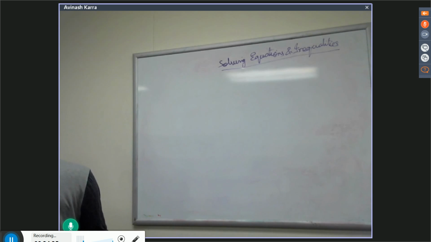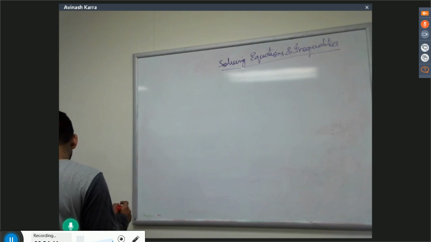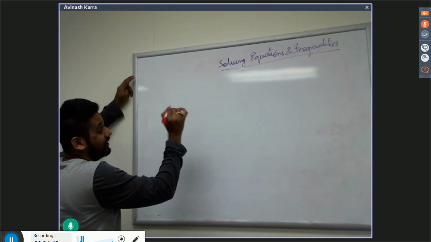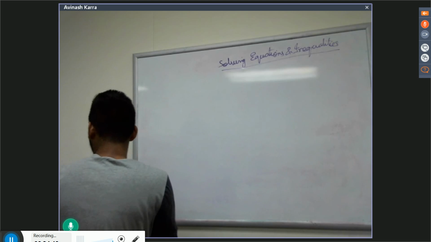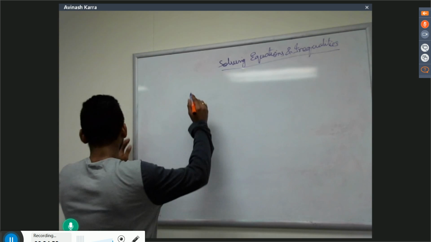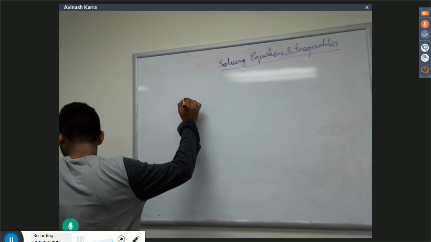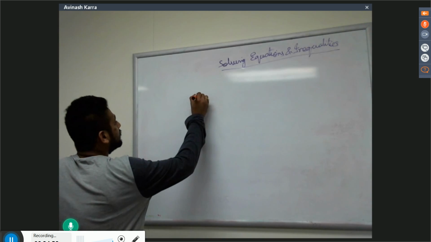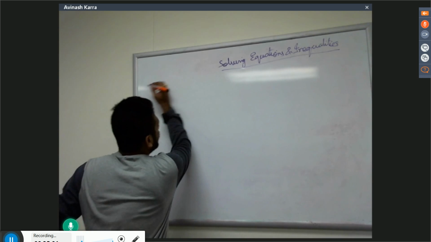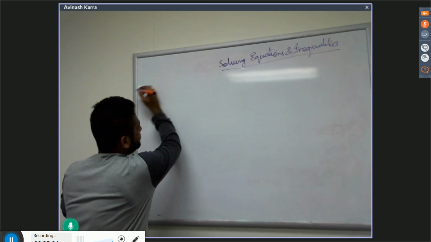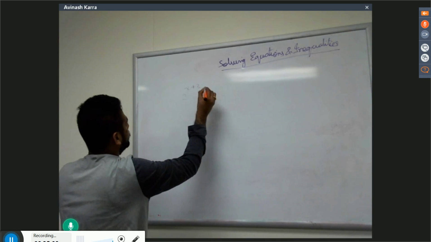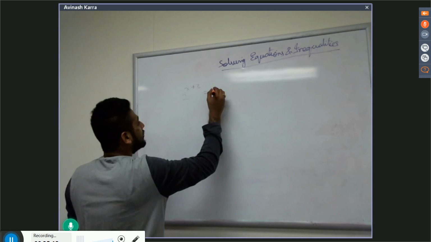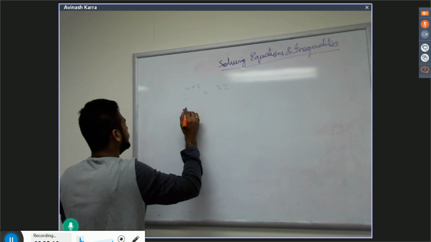So, next. In the same way, can you solve this? 2 power x plus 3 is equal to 32.